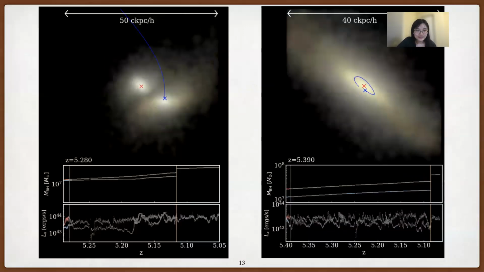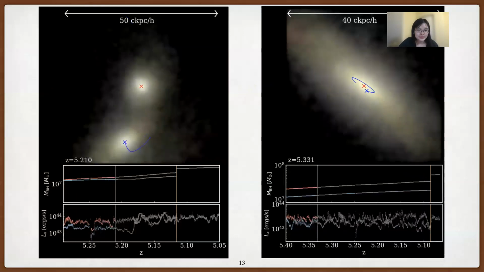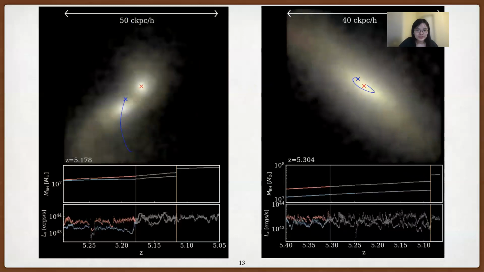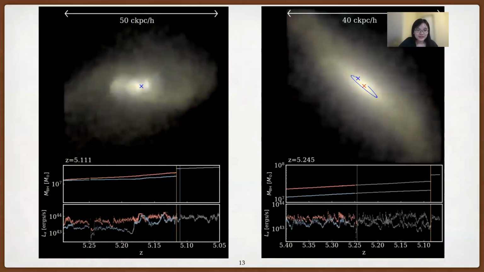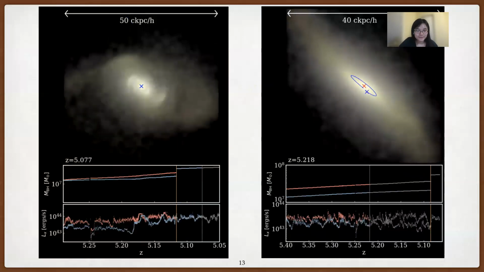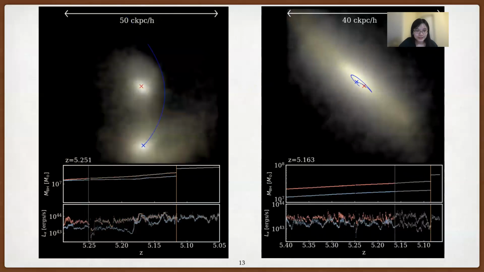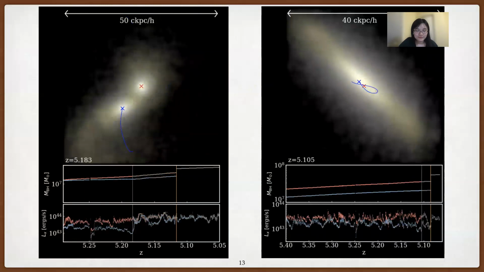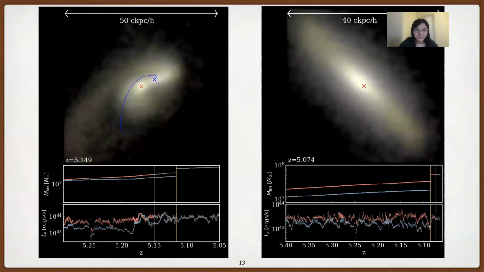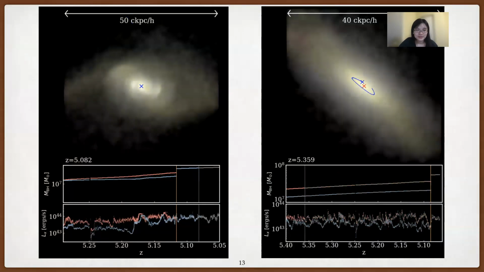And here are two more examples of black hole merger events. The line plots below show the evolution of the black hole mass and luminosity. Since the black holes are accreting during the merger, we can trace their luminosity before and after the merger. In these two systems, the luminosities of both of the merging black holes are well beyond the limit of the LX X-ray emission.